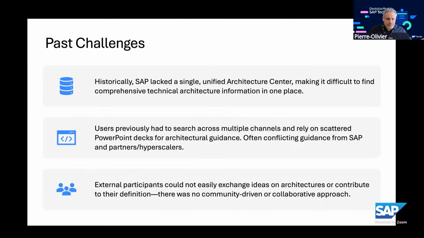SAP, like some other competitors or some technology partners, right? Most of them already have an architecture center. Take, for example, Azure, take AWS, take GCP, or competitors, for example, like Salesforce or any. They all have an architecture center where you can find this kind of information.